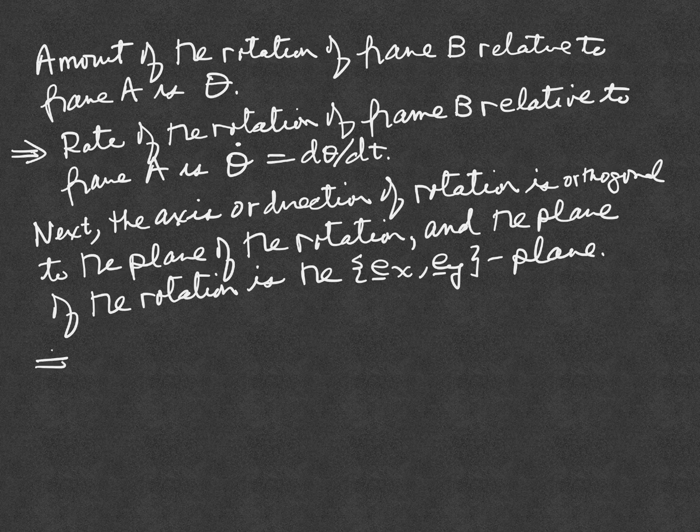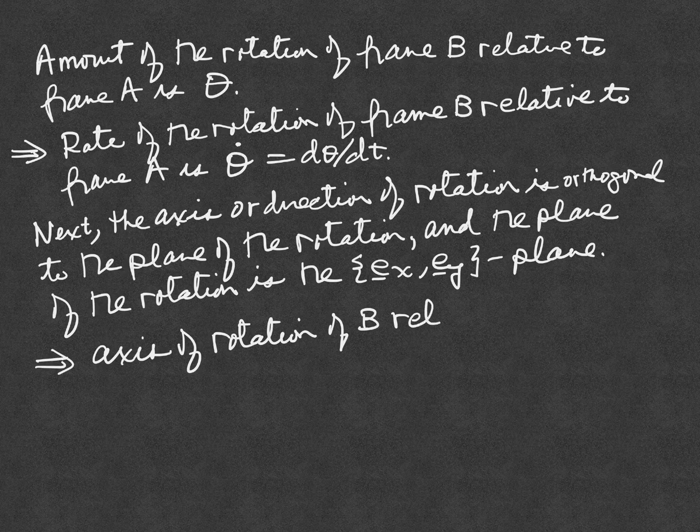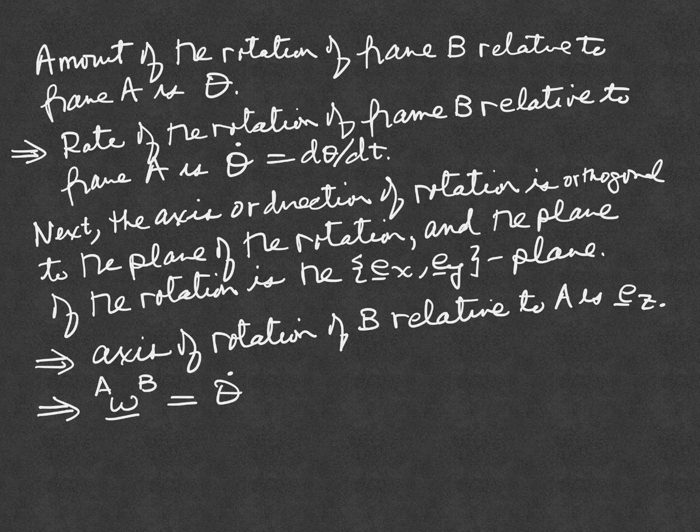So that implies that the axis of rotation of B relative to A is EZ, which finally implies that the angular velocity of B relative to A is equal to theta dot, which is the rotation rate, times the axis of rotation, which is EZ.